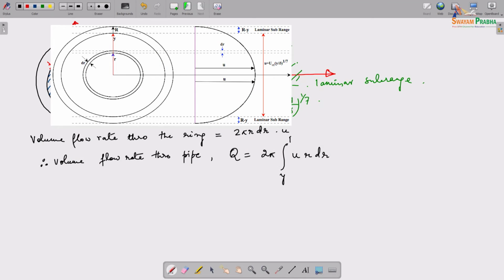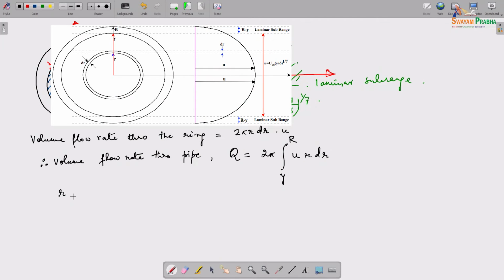So essentially this r goes from y to capital R. Make sense? We can do that, or I can simply integrate this, because we have this formula available. Anyway, let us see. So we do that.